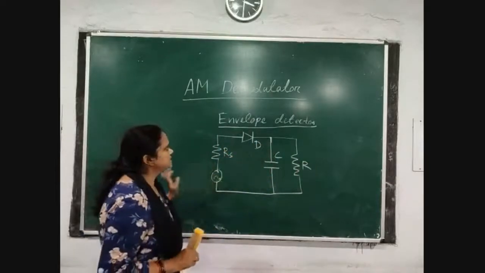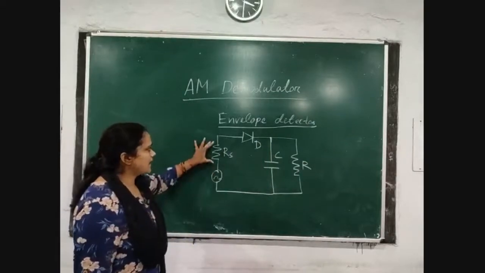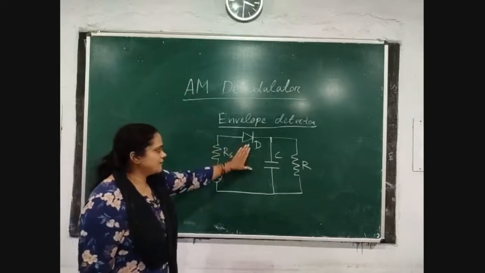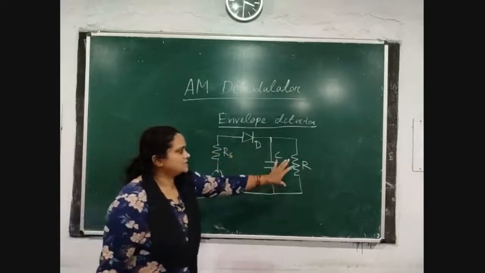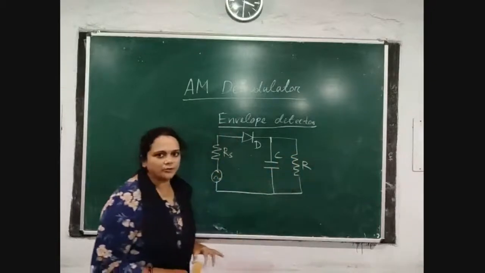So, this is the circuit of the envelope detector. This one is the supply and the resistor that is connected in series, then the diode, then the capacitor, and this one is the load across which we get our output.